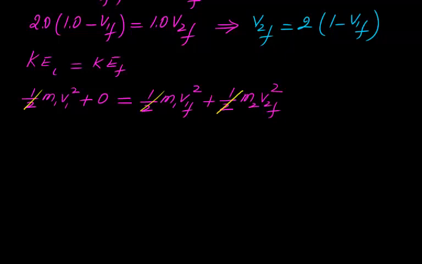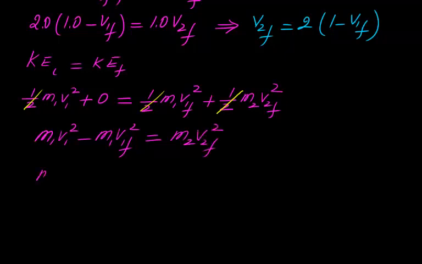Move the like terms to the left hand side of the equation, therefore m1 v1 squared minus m1 v1 final squared equals m2 v2 final squared. Factorize the m1.